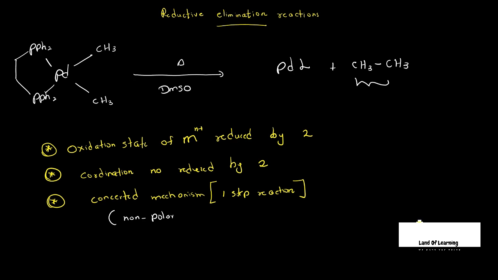There is another thing which you have to get some idea about. Let me make a small change to this complex. Let me take a new slide and let's take a complex like this one. This is CH3, this is CH3, here we have another ligand, here we have another ligand.